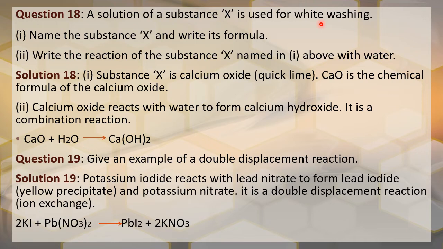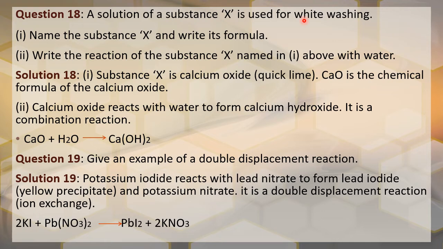So it reacts with the water: CaO plus H2O becomes Ca(OH)2. That is white in color. That is applied on the walls. That means what is X here? X is calcium oxide. Calcium oxide, with water, gives a chemical compound known as slaked lime or calcium hydroxide, which is used for whitewashing.